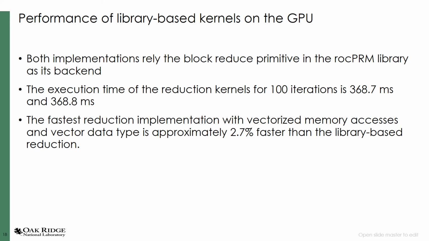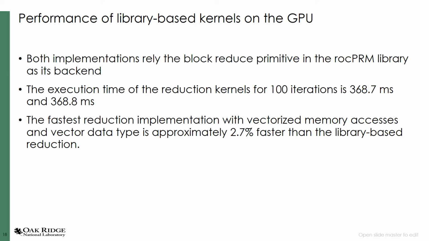For the reduction implementation with rocThrust and hipCUB, the workgroup size is not exposed as a knob for performance tuning. We find that both implementations rely on the block reduce primitive in the rocPRIM library as its backend. The default implementation of the primitive is reduction in a collection of 64 work items that execute in parallel.